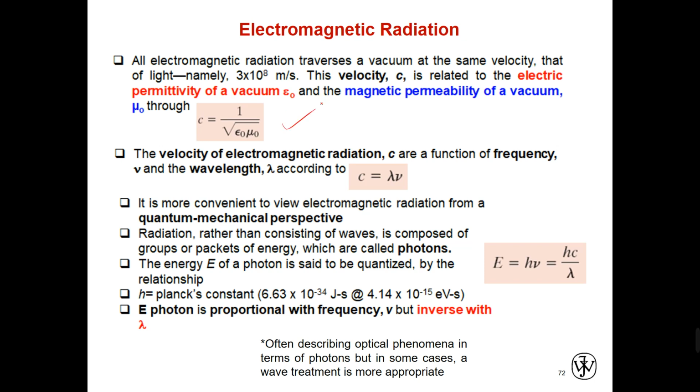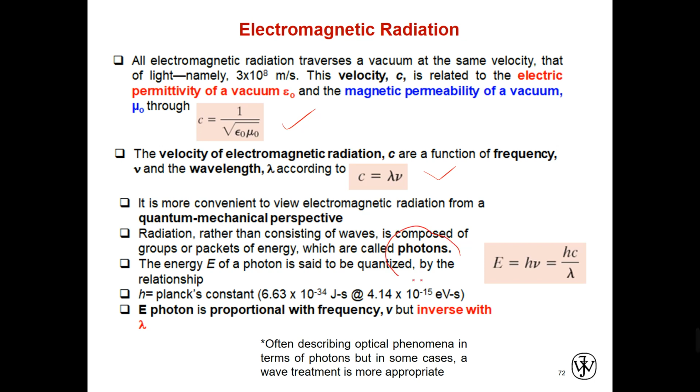The velocity c is a function of the frequency v and the wavelength lambda according to this equation: c is equal to lambda v.